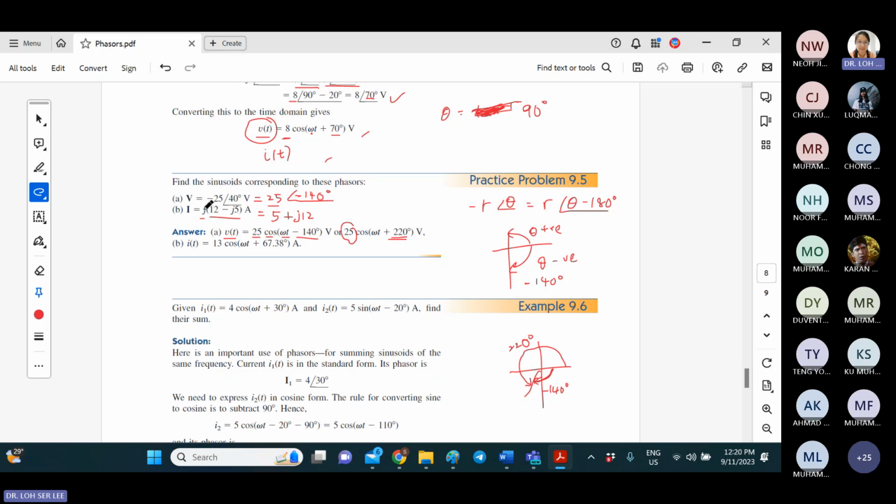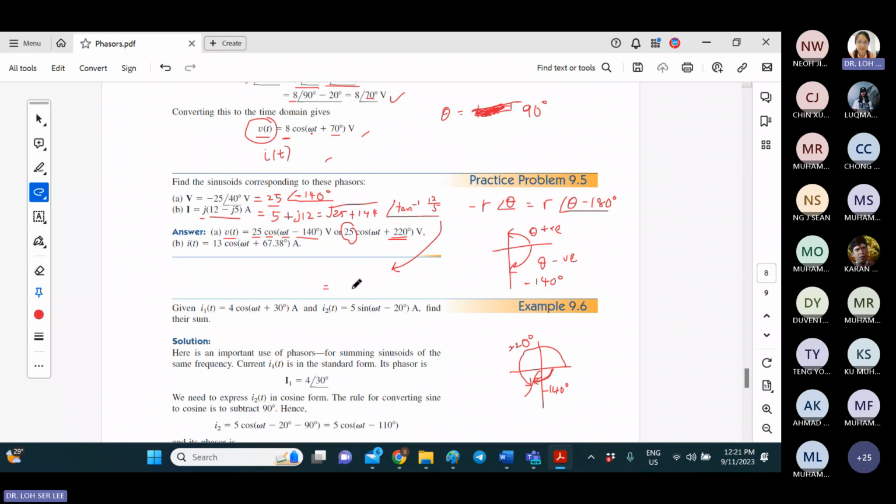This one you just expand and then you replace the J square by -1, then you will get this. Okay, this one we want to obtain its polar form. To get the R is square root of 25 plus 144. And this is in the first quadrant, so this is arctan of 12/5.